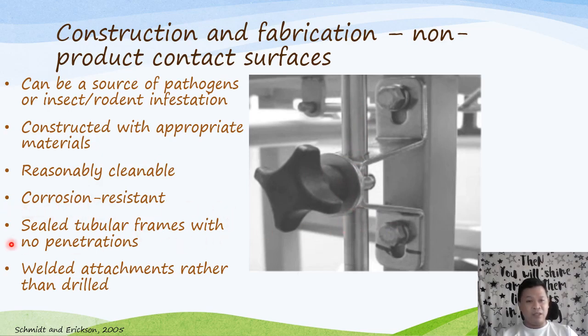Then there should be seals so that there's no possibility of penetration. For example, if you drill the screw hole through here, and as much as possible, you would want to weld the attachments rather than drilling them. Because when you drill, you create an opening to get inside. But when you weld something, then it just sticks surface to surface.